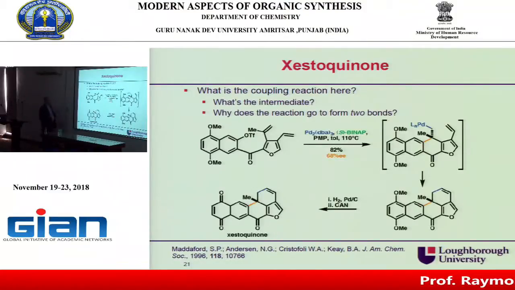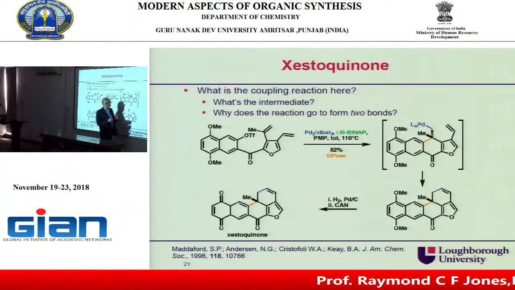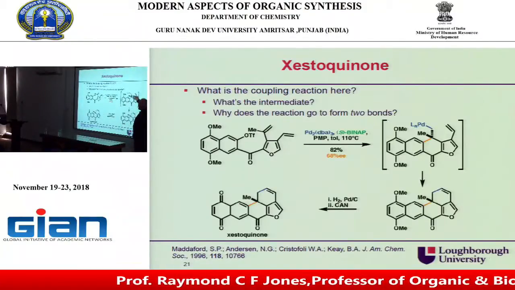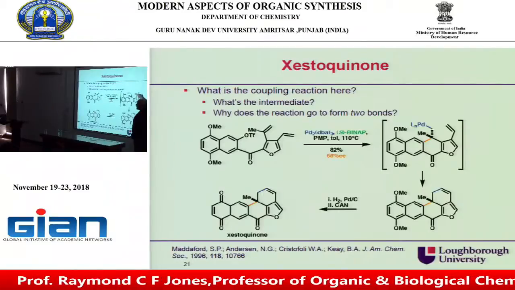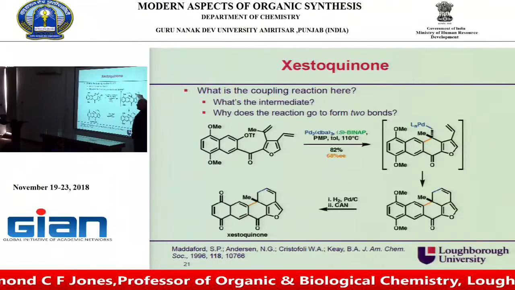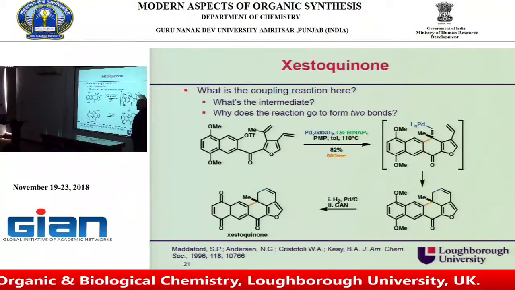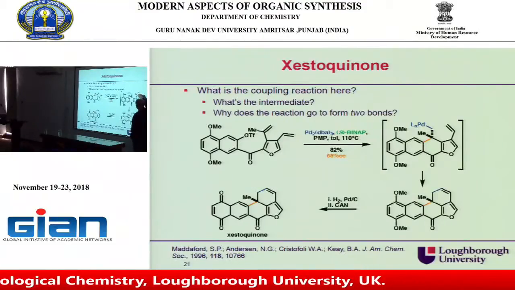So the organopalladium you get from the first reaction will add to the second alkene, putting a palladium at the far end of where that double bond was. So we'll add across here.